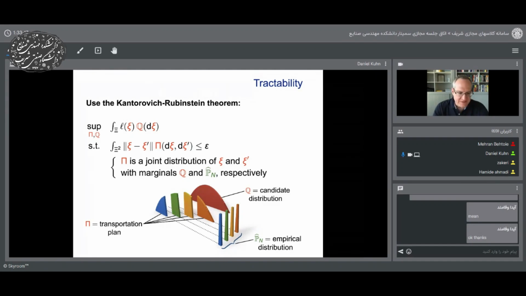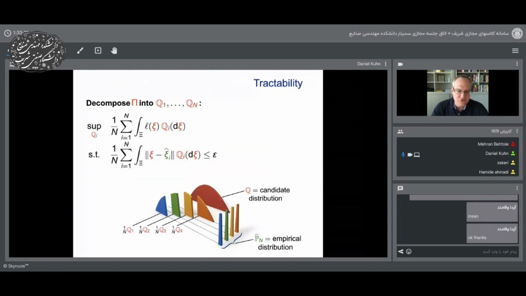So clearly, this pi, this transportation plan, can be decomposed into 4 different pieces. Actually, from the law of total probability, it's clear that this joint distribution can be written as an average of the conditional distributions of Xi, given that Xi prime is equal to one of the 4 training samples.